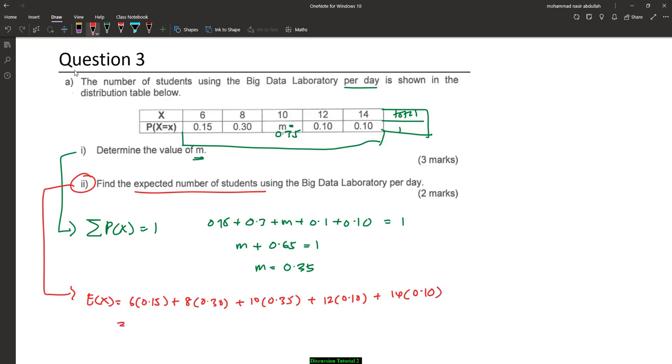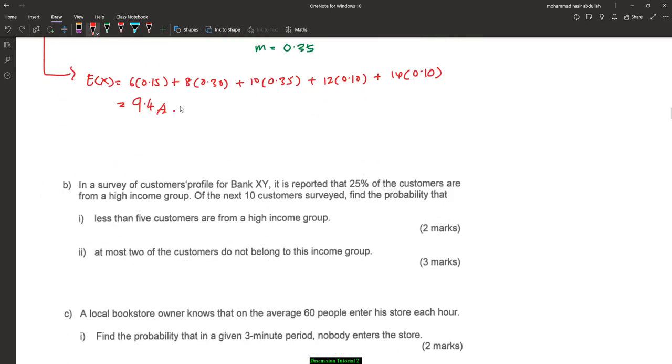So have you calculated this one? So this one should be equal to 9.4. Alright, good. So 2 marks. Very simple question, right? So let's look at B.